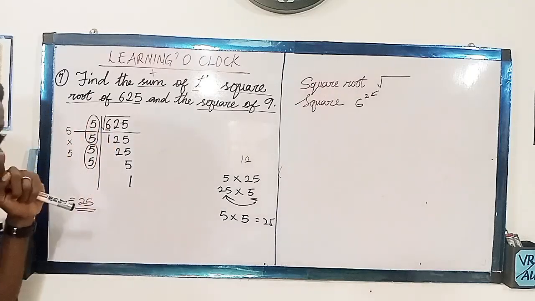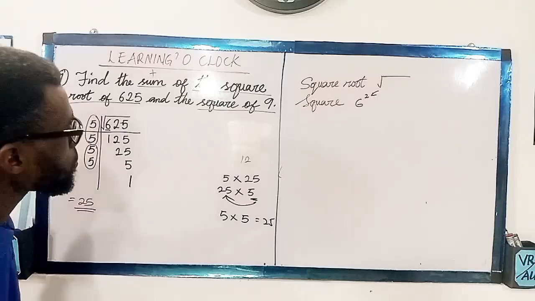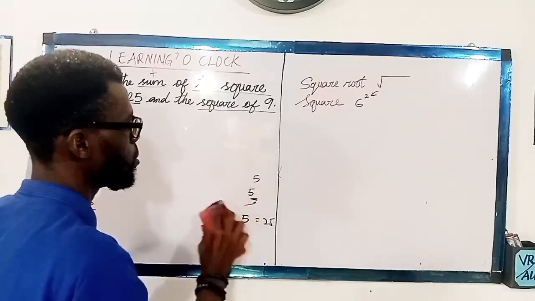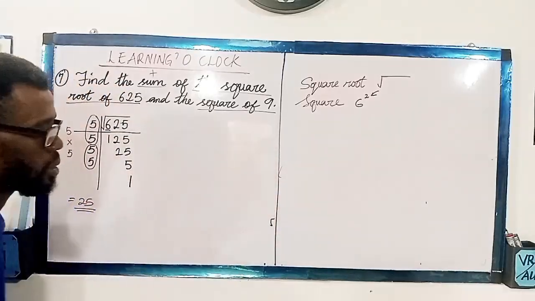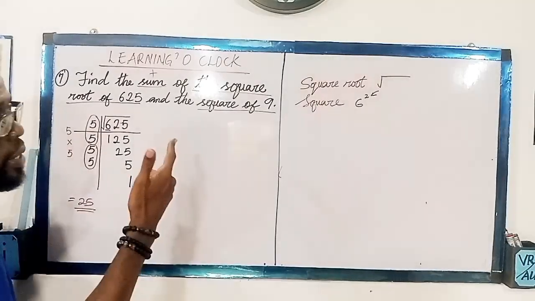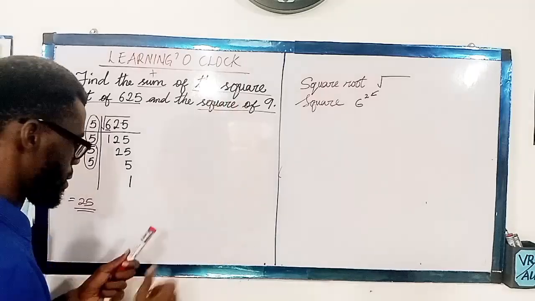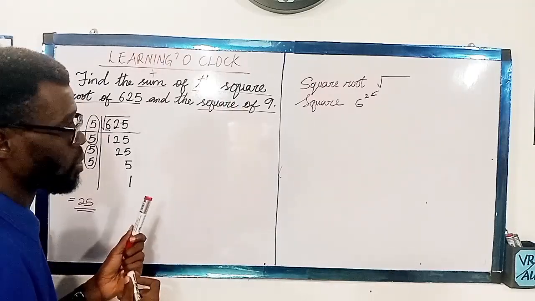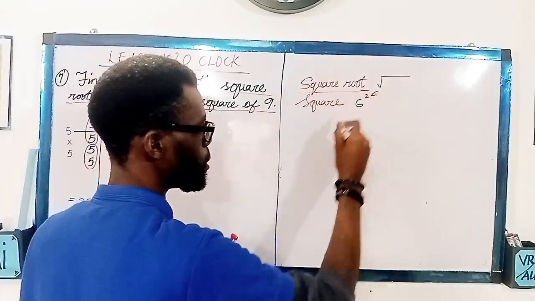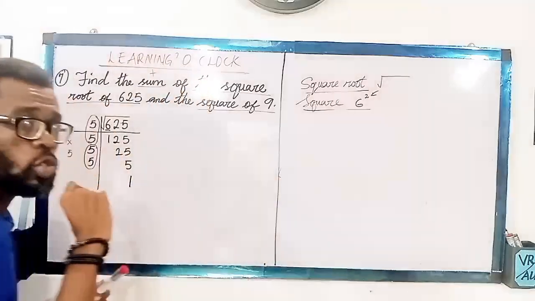Okay, so that being said, we can take this out. And now let's find the square of 9. So that's different. They're two different questions. Square root is usually different from square.